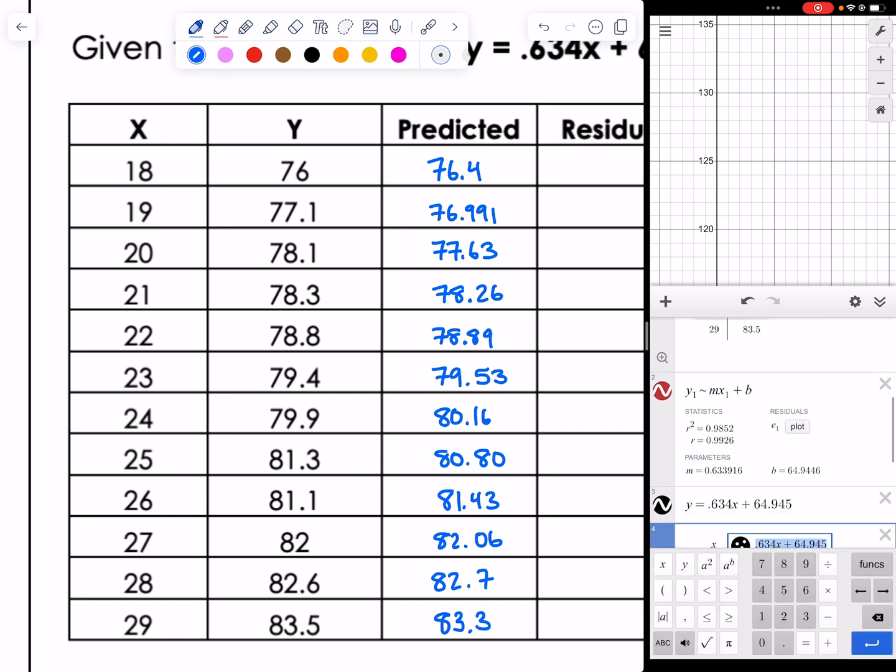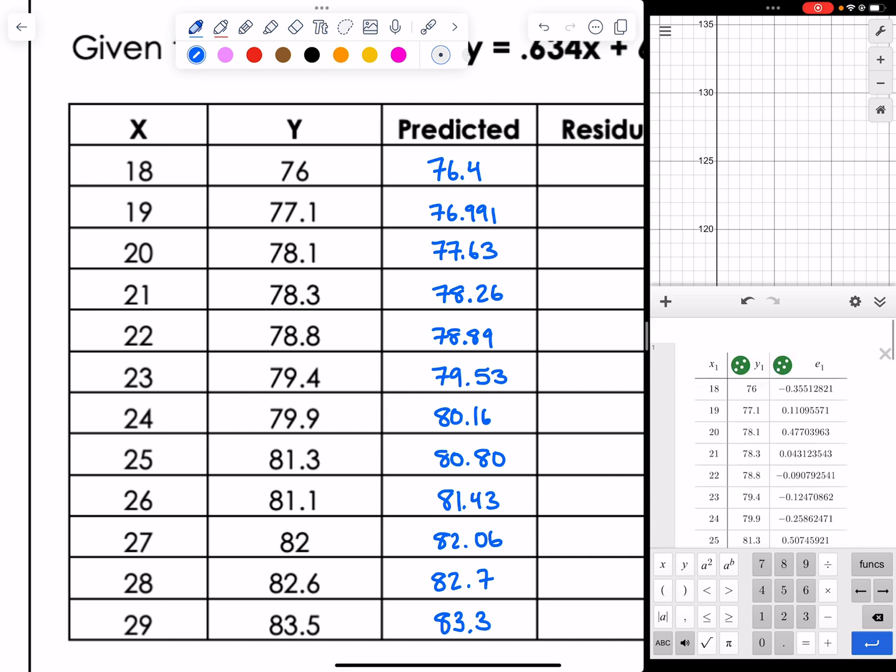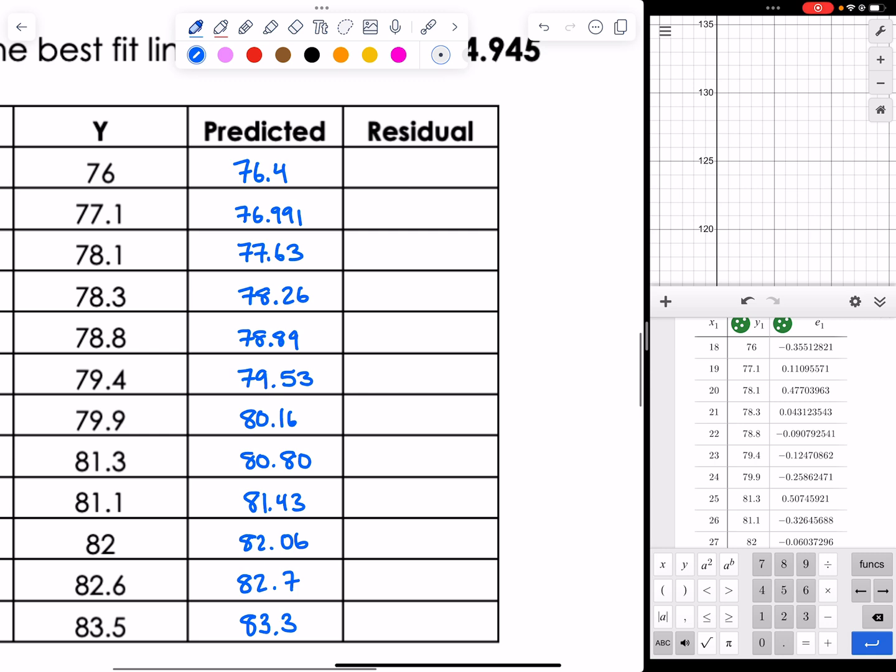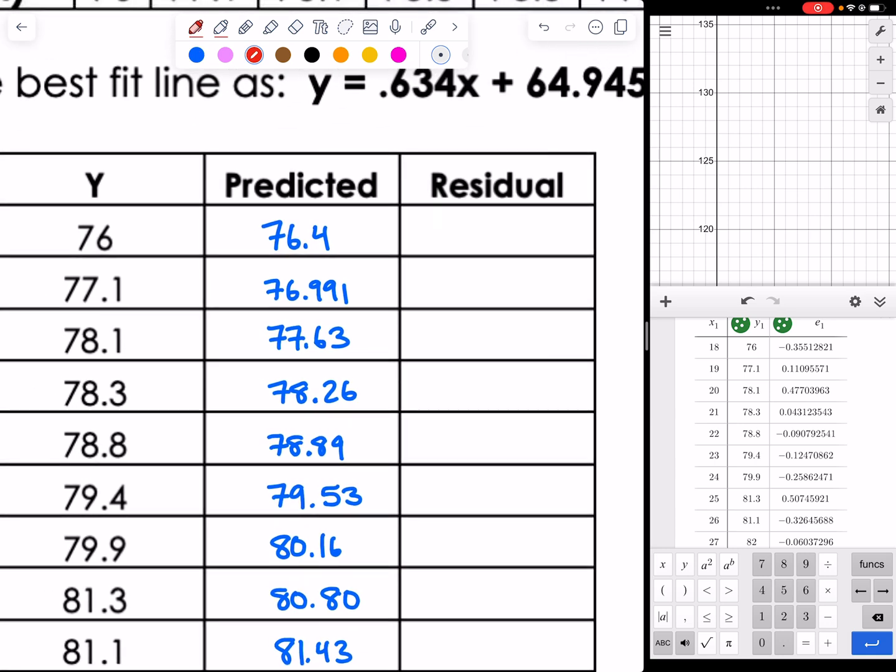So I go back up here to where I typed in my linear model and hit plot. And then they show up in the table right next to the values that I had already typed in. And so I just need to write those down carefully. So negative 0.355, which should be the difference between the actual minus the predicted, is what's going to give you that number.